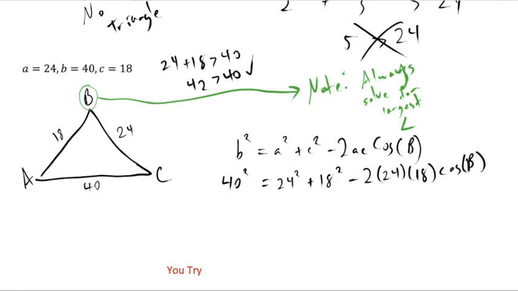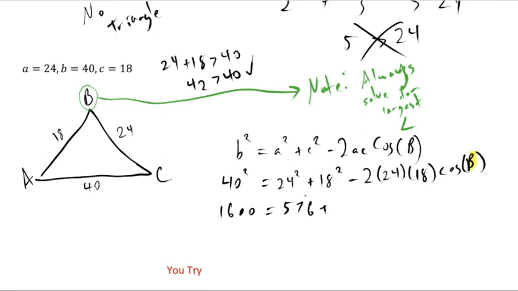Since I'm trying to solve for this B, I need to isolate it. To isolate it, I first need to start simplifying things. I'm going to simplify all the squares and do this piece of multiplication as well. So 40 squared gives me 1,600. 24 squared is 576.